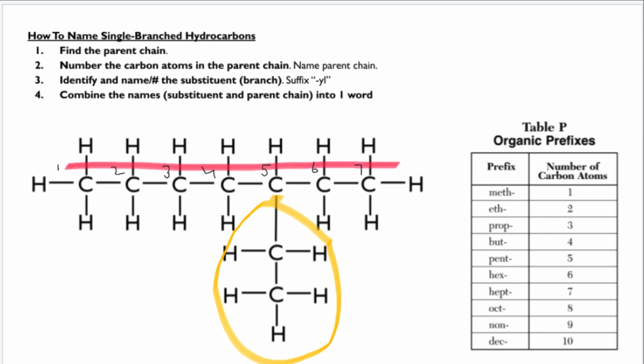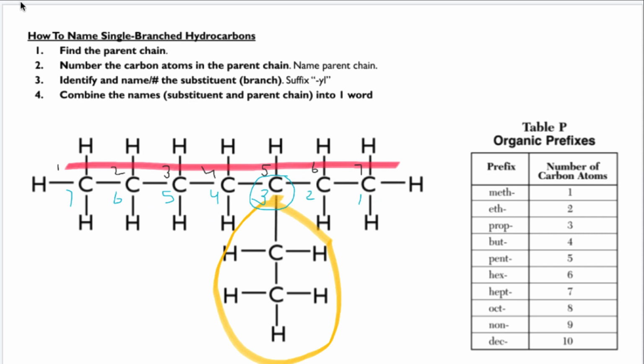Or I can number them 1, 2, 3, 4, 5, 6, 7. And so the blue numbering system is going to give me the carbon with a lower number. So this will be the numbering system that I will want to use.